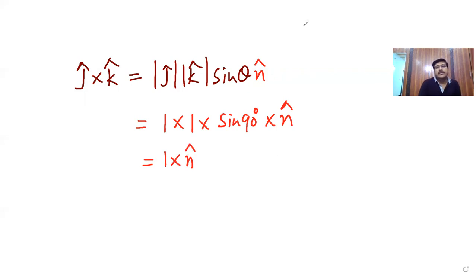Again, take the help of the coordinate system. X-axis, y-axis, z-axis: I bar along x, J bar along y, K bar along z. This is the origin.